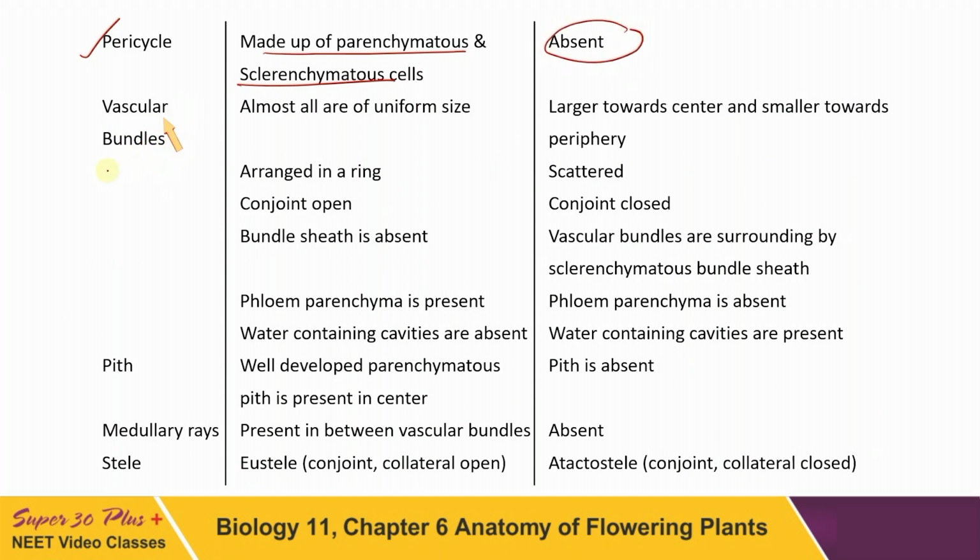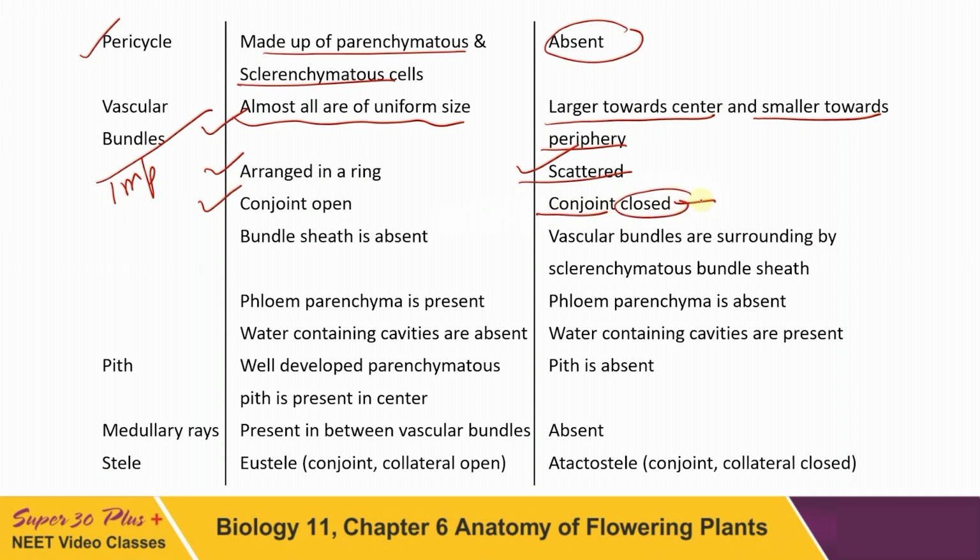Vascular bundle, the most important part here. Almost all are of uniform size, larger towards the center and smaller towards the periphery. You know that these are arranged in a ring, these are scattered. These are conjoint and open. This is not the difference. These are conjoint, but these are closed. Closed means that cambium is absent.